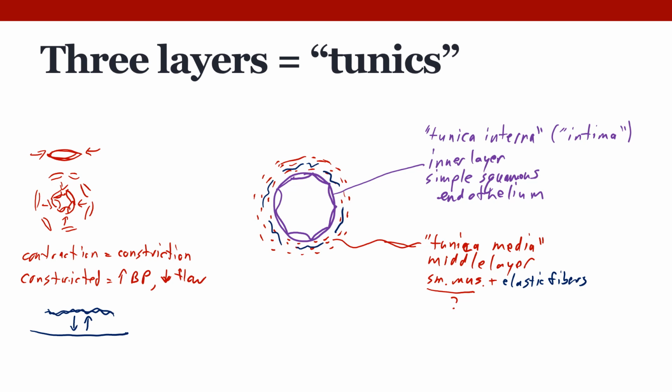So we might want to constrict our blood vessels to increase the blood pressure. That does happen sometimes. It's part of your fight or flight response. We might constrict our blood vessels to control flow.